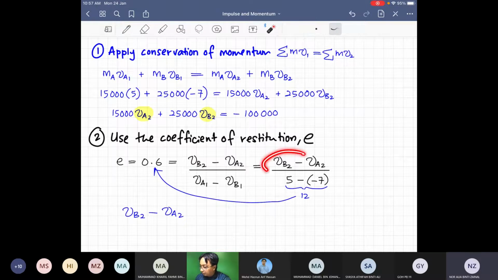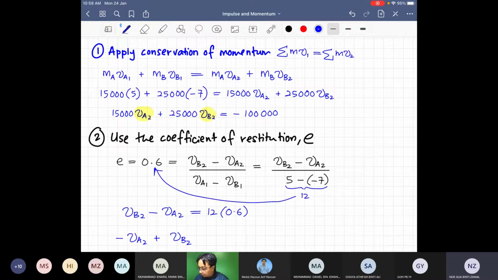This comes from here. It is equal to 12 times 0.6, where 0.6 is given in the question. Now let's write it so that it matches the one above. So I will write it as negative VA2 plus VB2 is equal to 12 times 0.6, which is 7.2.